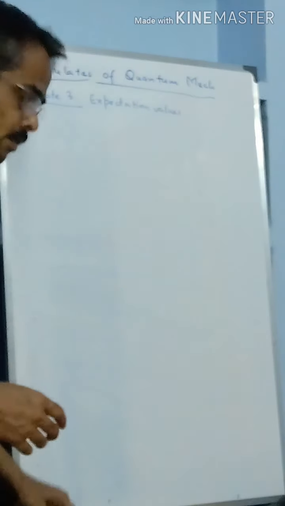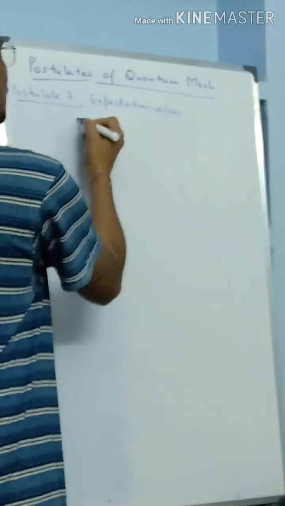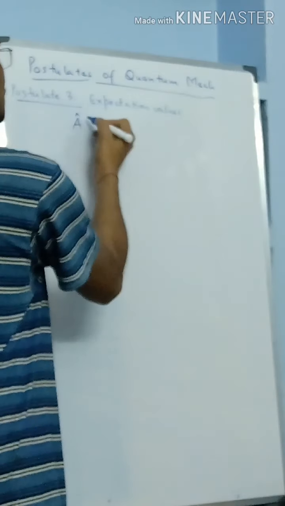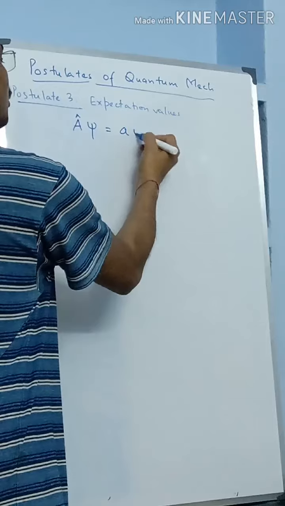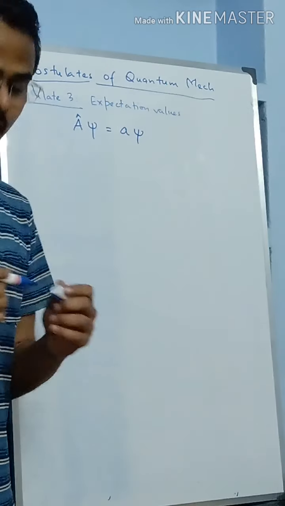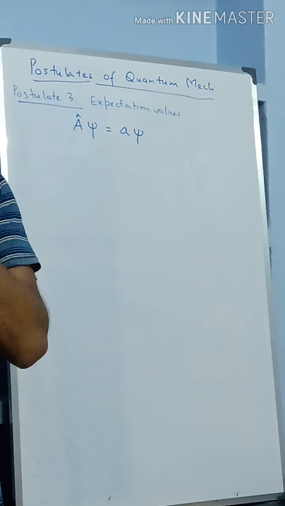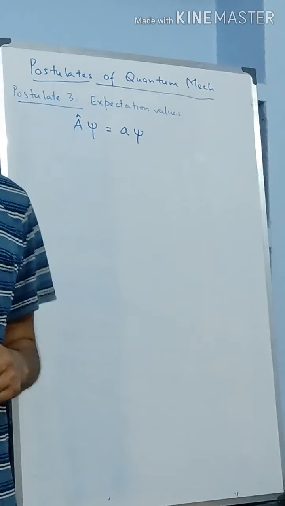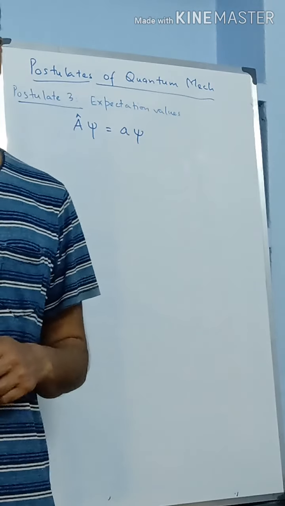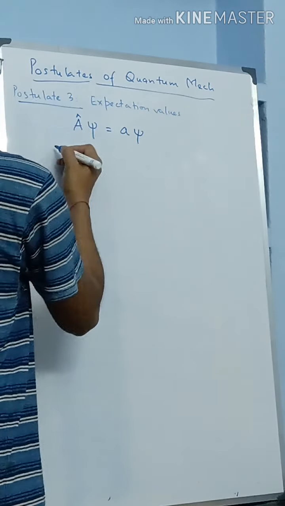For example, we have an operator A which corresponds to a physical variable, so the eigenvalue equation is A psi equal to a psi, and we want to ask what is the statistical mean value or the expectation value for this operator A.